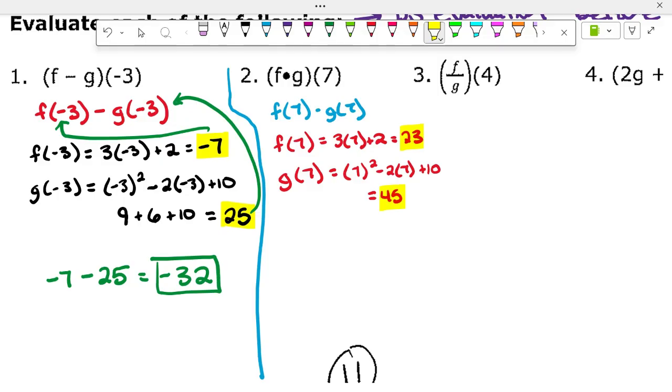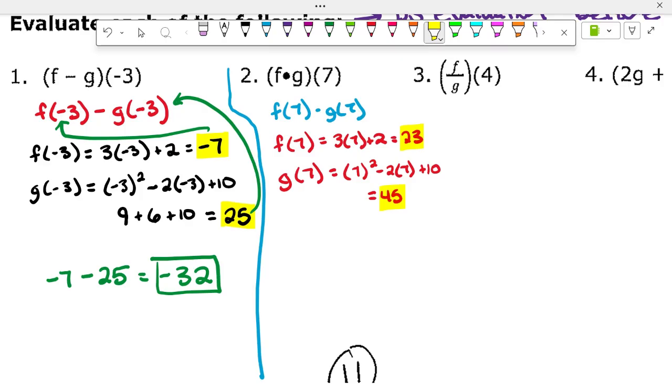So it'd be 3 times 7, because remember they're right next to each other, that's multiplication, and then you add 2. Yeah, we're still using the ones from up top. Okay, so what would you get if you did that? 23. Yes. So f of 7 is 23.